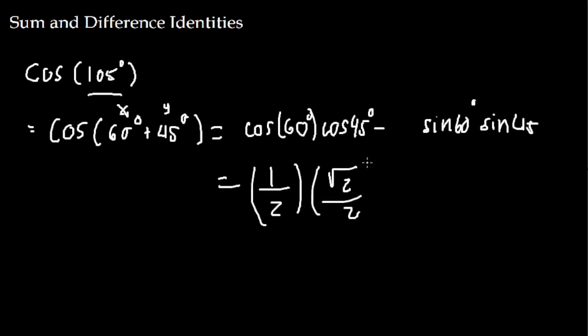You still remember the unit circle. Now, the coordinate of sine ng 60 degrees is square root of 3 over 2 multiplied by the sine of 45 degrees, which is also square root of 2 over 2.